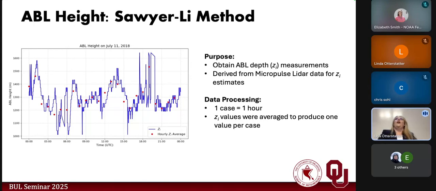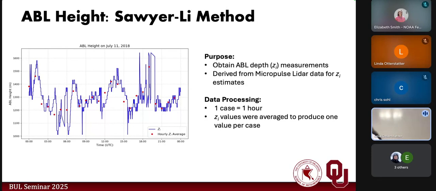And that's a problem when you want to make sure that you are getting the correct height for calculations within an hour. So I decided to use the Sawyer-Lee method, and that was used to obtain ABL depth, or ZI, measurements. Using the Sawyer-Lee method, it is derived from micropulse LiDAR data, and it estimates the height of ZI.